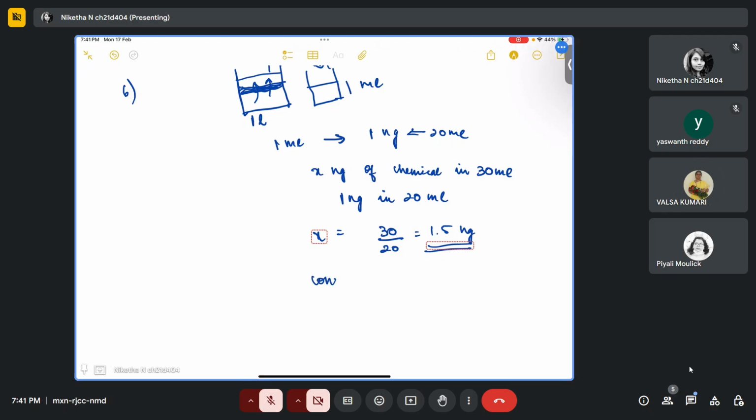How much is that? 1.5 by 1. What are the units? Nanogram per liter. Yes, so it is 1.5 nanograms per liter.